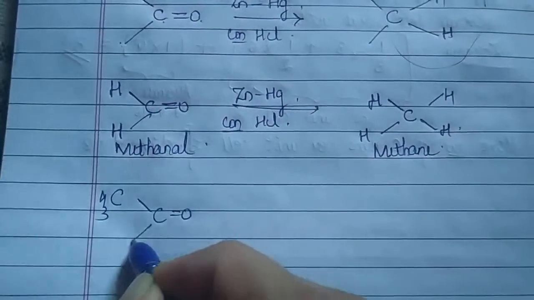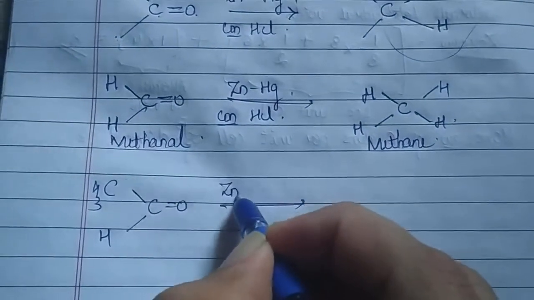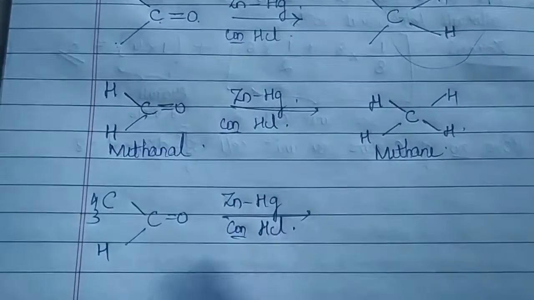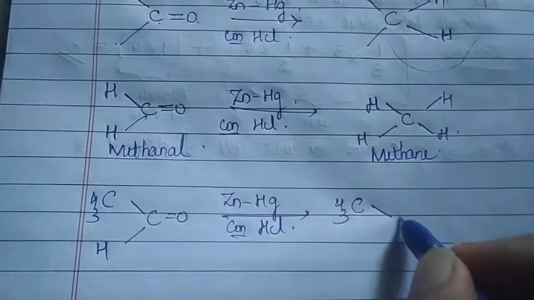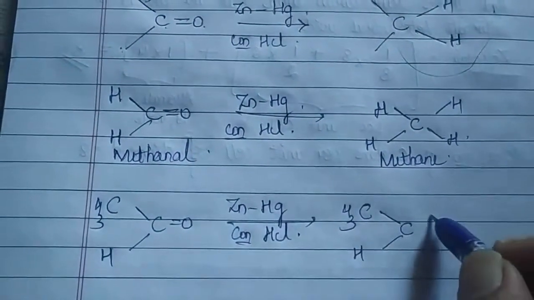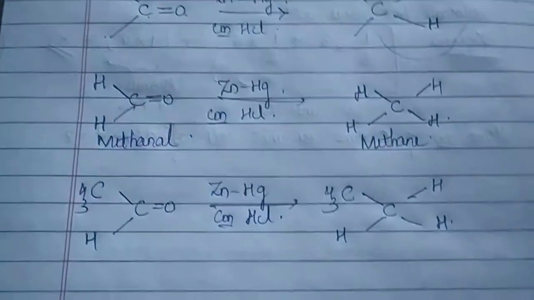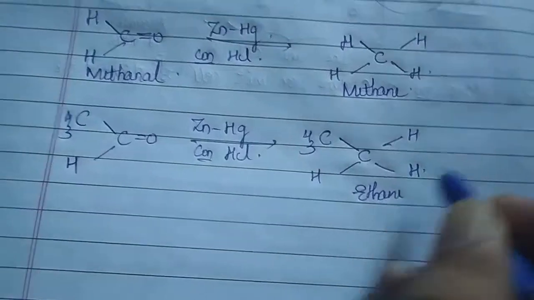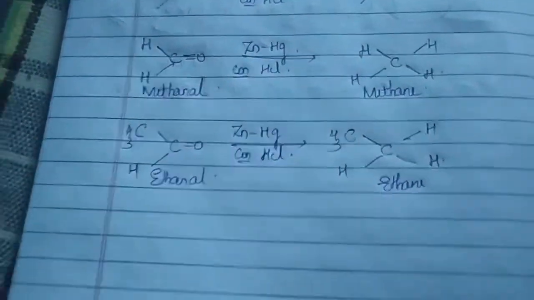CH3, C double bond O and H. When you are treating with zinc amalgam in concentrated HCl, what you can note here is CH3CH, and in place of double bond O, we are getting 2H. So what would be formed is CH3CH3, that is ethane, from ethanal.